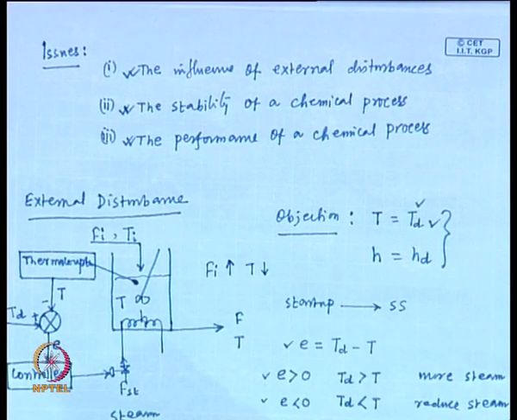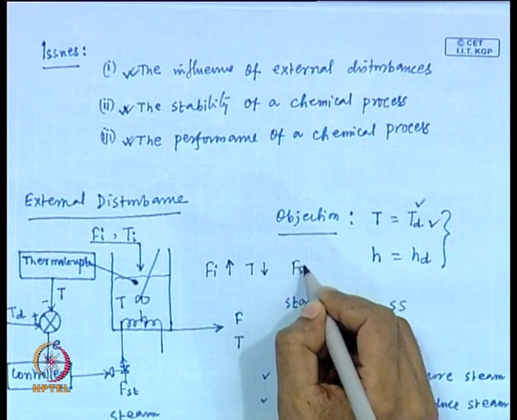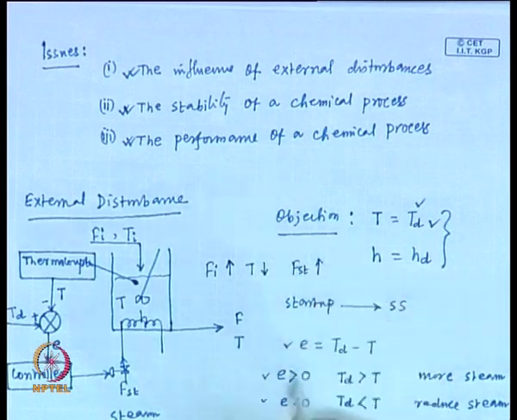So, in this situation, what will the controller do? The controller will increase the steam flow rate. That means, the controller will increase this F st. So, this is the description in terms of external disturbance. It is very clear from this discussion that the controller suppresses the effect of external disturbance.